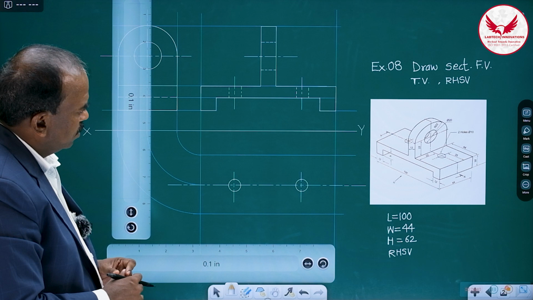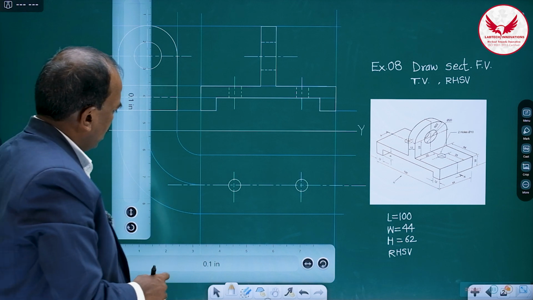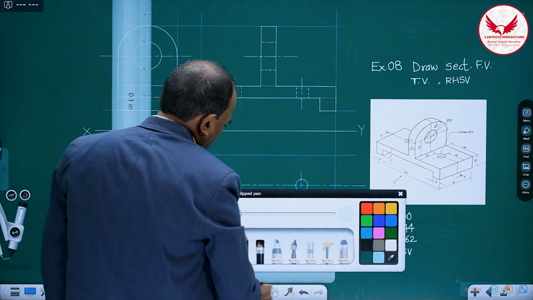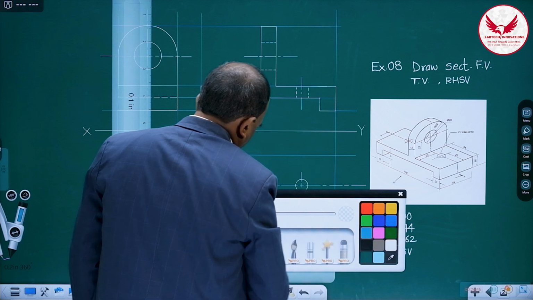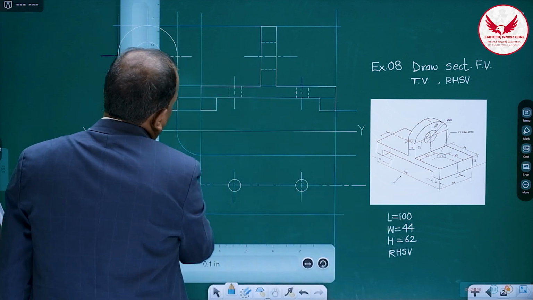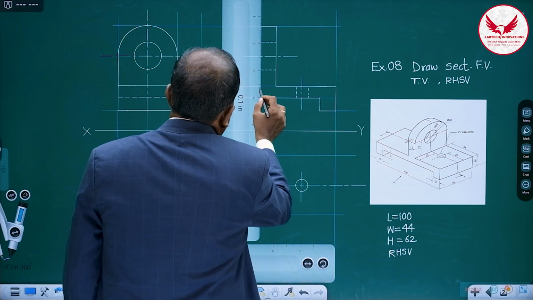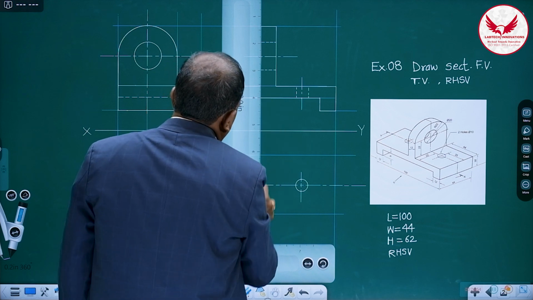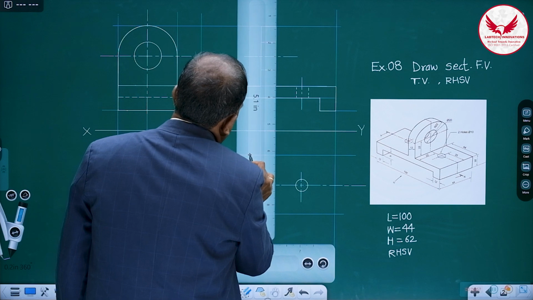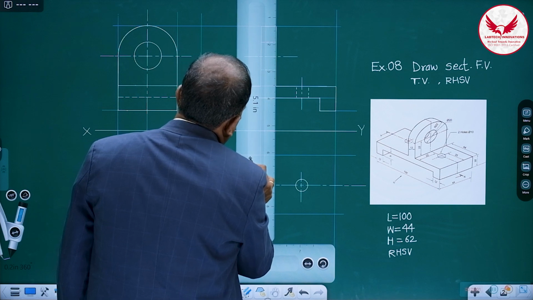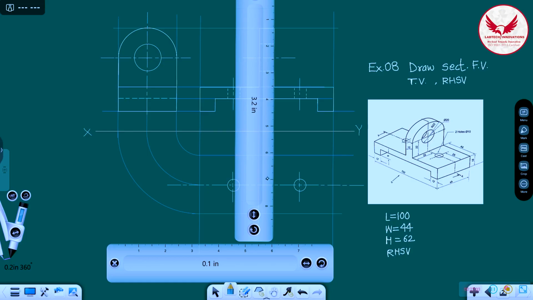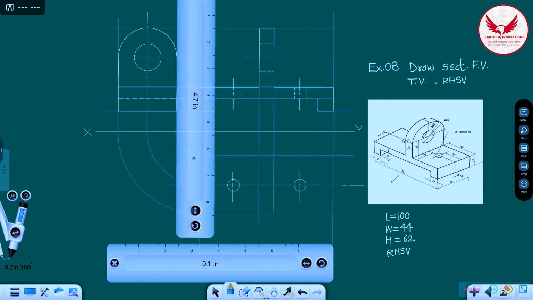Now in the top view, what do we have to do? In the top view, from the front view, you take the projections. How can we take the projections from the front view? Major projections you have to take, not all. So this projection of 12, then this projection also.